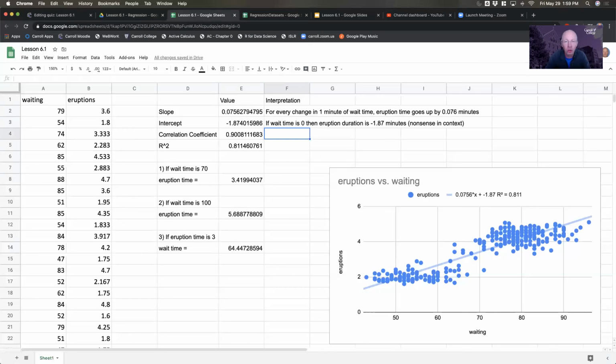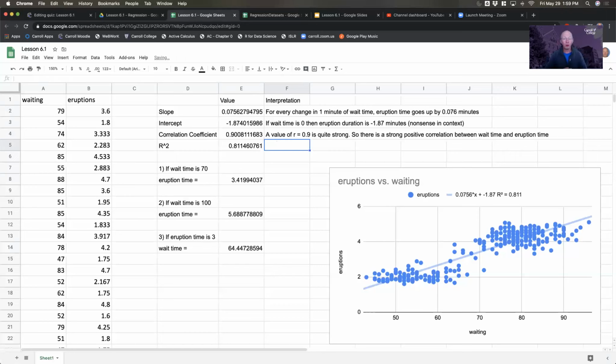Okay, correlation coefficient. A value of R equals 0.9 is quite strong. So there is a strong positive correlation between wait time and eruption time.